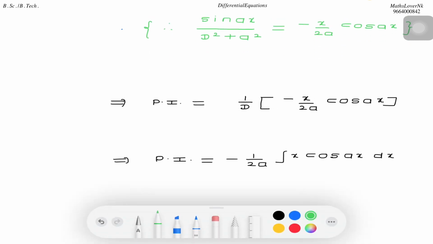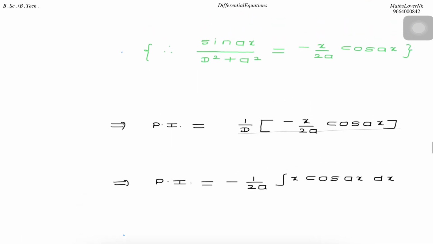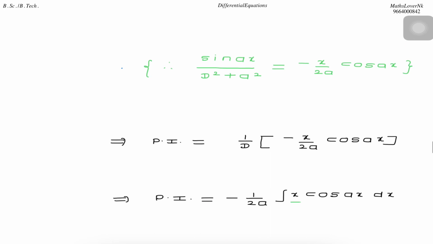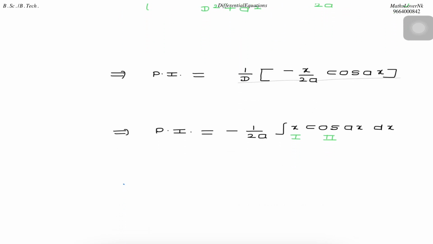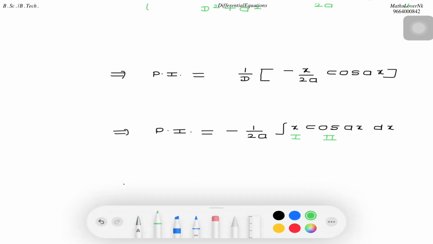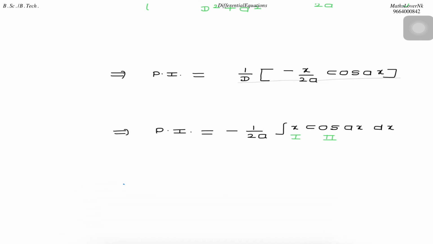ILATE says that take the algebraic function as first and the other one as second. When we solve by ILATE, we get PI = minus 1 upon 2a as it is.